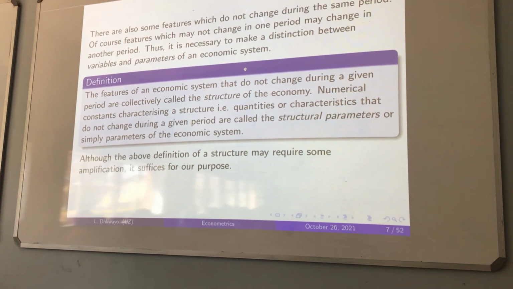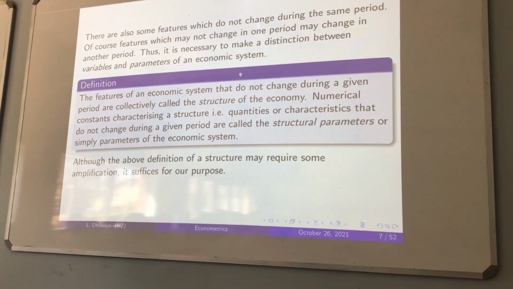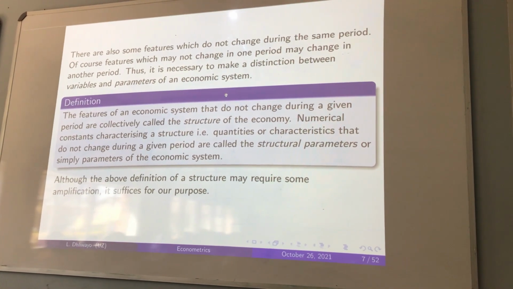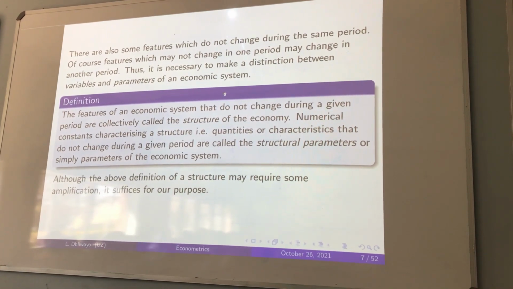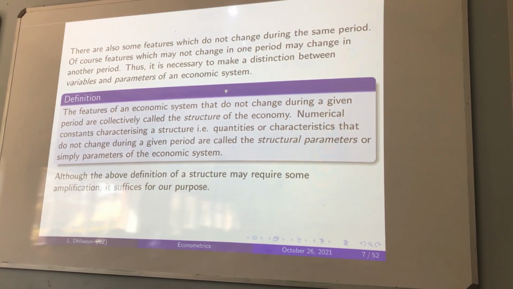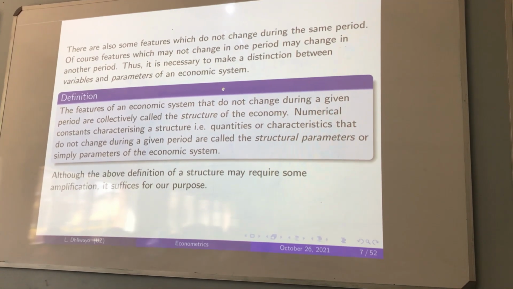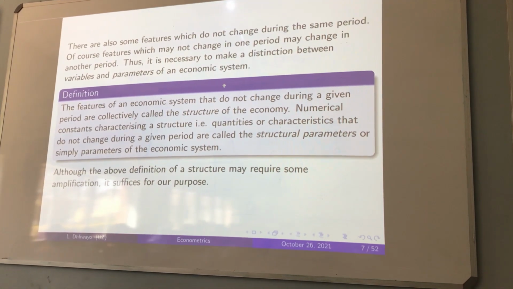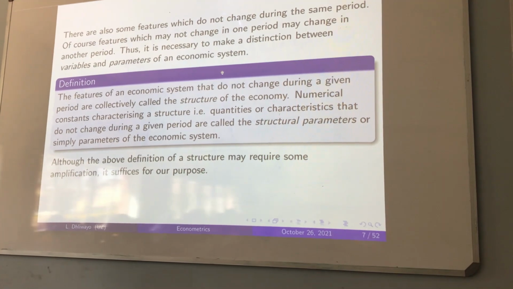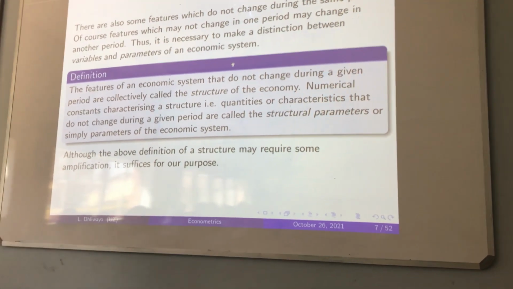Numerical constants characterizing a structure, i.e. quantities or characteristics that do not change during any given period, are called structural parameters. So we have the structure of the economy, and we have structural parameters. That's the numerical values, or simply parameters of the economic system. Although the above definition of a structure may require some amplification, it suffices for our purpose.